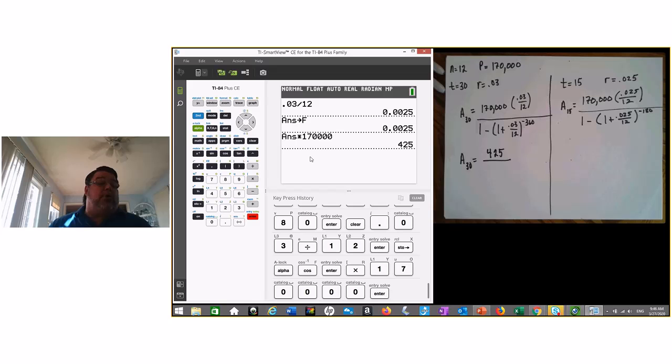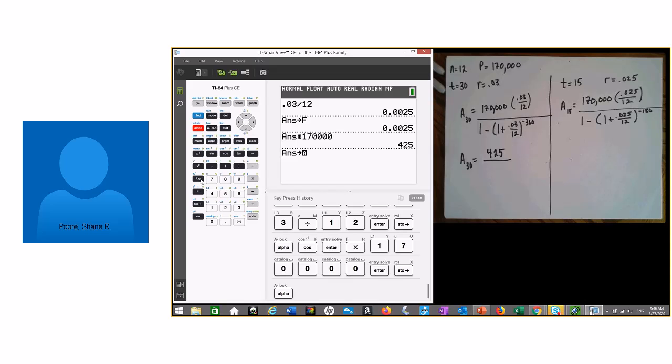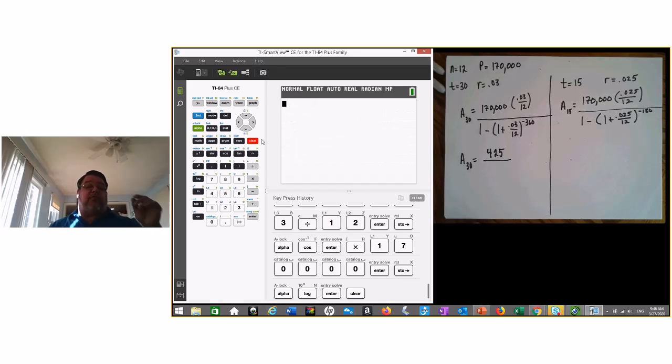So I'm going to store alpha numerator. Enter. Clear. Fraction plus 1. Alpha fraction plus 1.